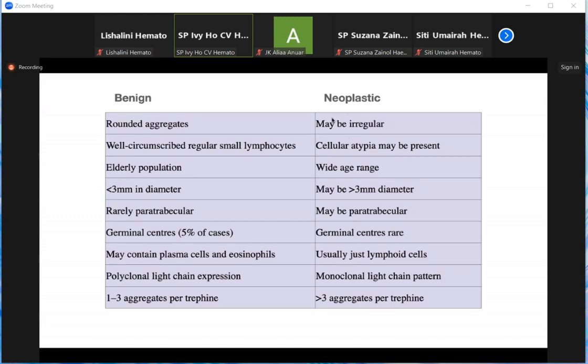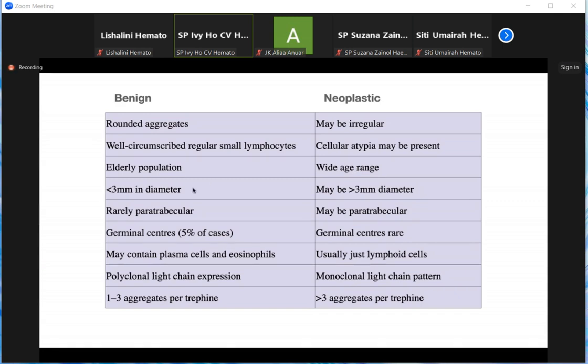In the benign lymphoid aggregate, you see small lymphocytes with regular nuclei, whereas if you look closely, the neoplastic aggregate will have lymphocytes that show atypia. Like I said just now, as we age, we tend to get some benign lymphoid aggregates, while a wide age range is seen in the neoplastic, so we can't tell.